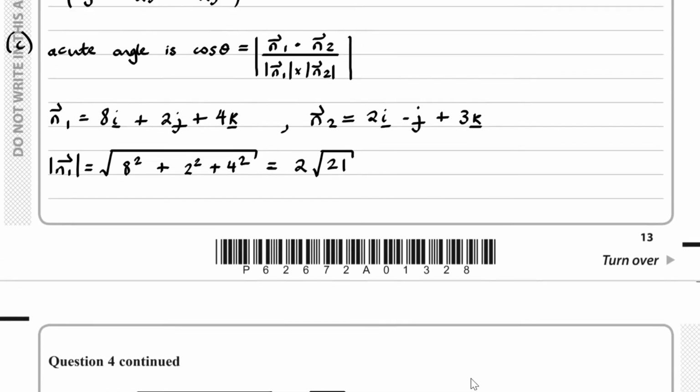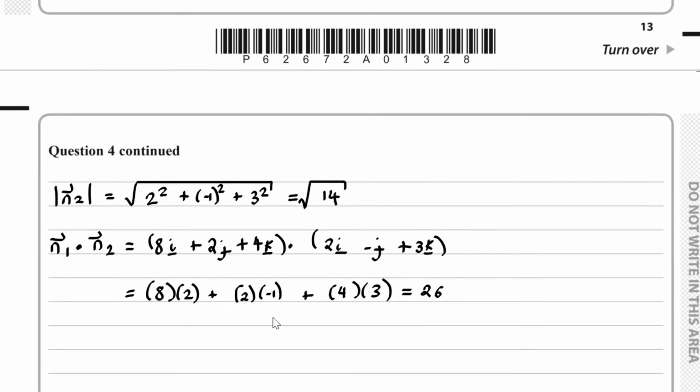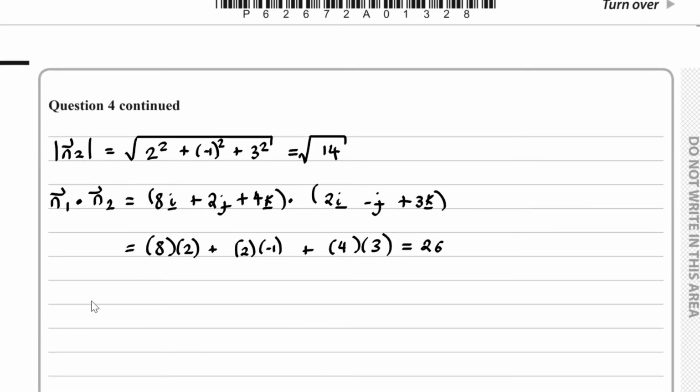So therefore, substituting into this formula over here, and noting all these values are positive, we've got cos theta equals 26 over 2 times the square root of 21 times the square root of 14.